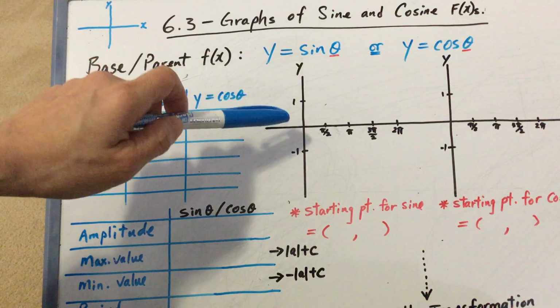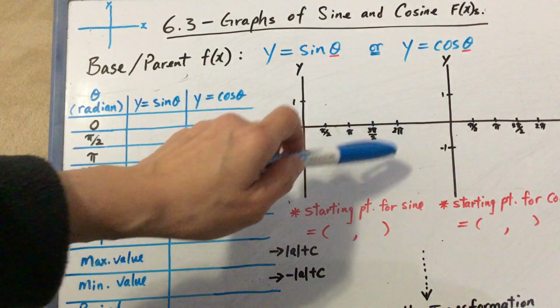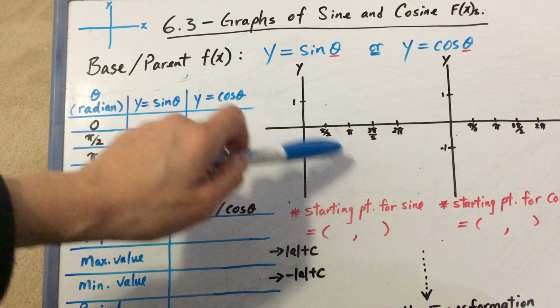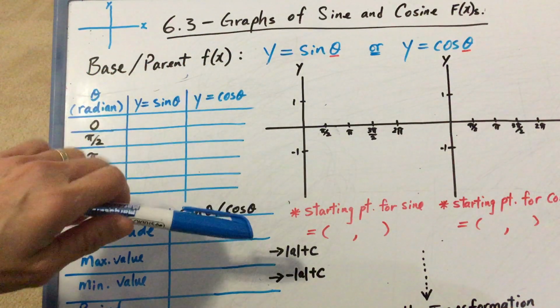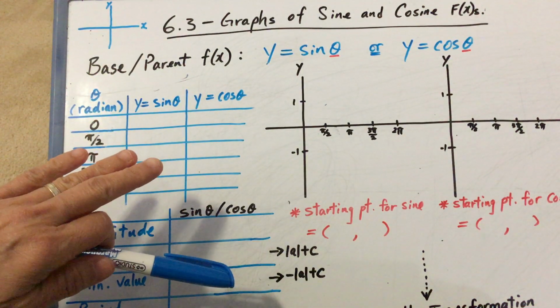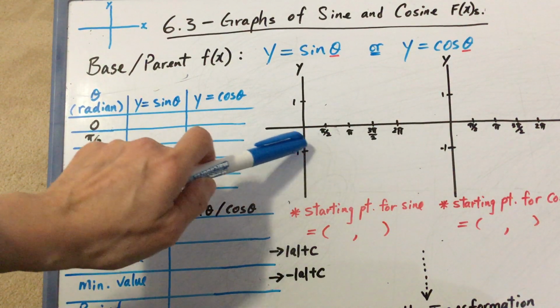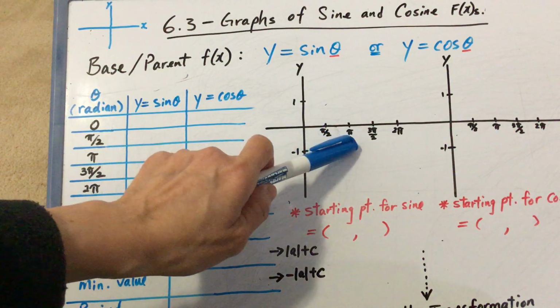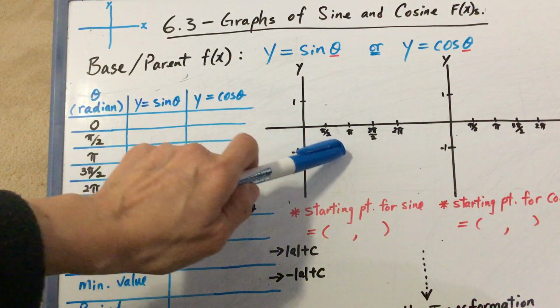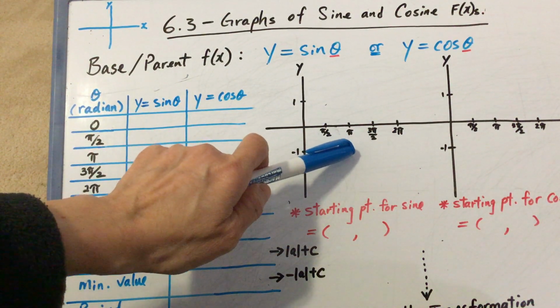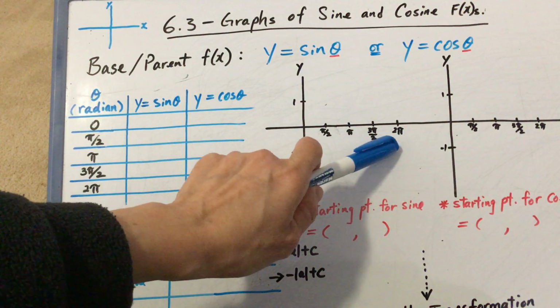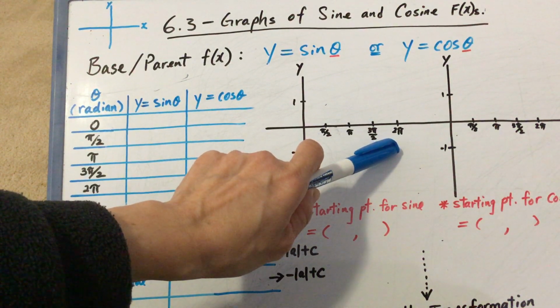But we all know that any full cycle of the sine and the cosine always takes 4 equal parts. And those 4 equal parts for the parent functions are every 90 degrees, because if you take 90 times 4, then you will get 360.